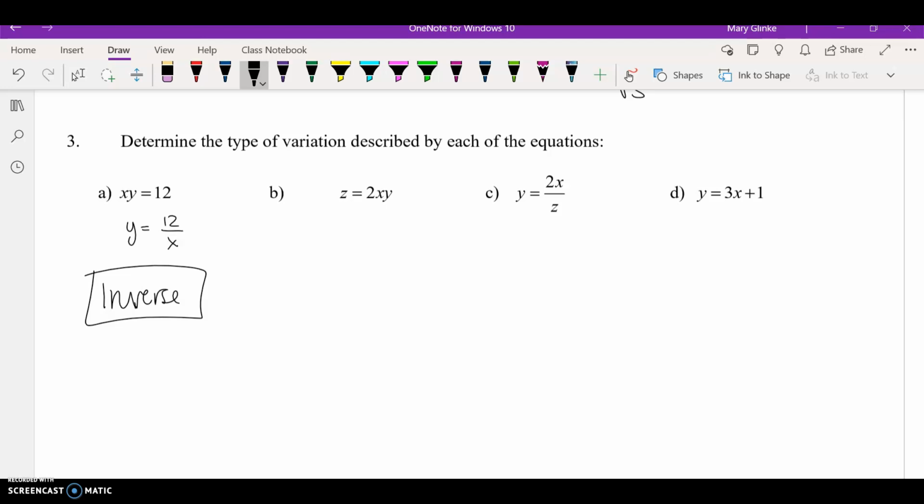For B, it depends on what you are viewing this as. This would be jointly if you are talking about in terms of z.